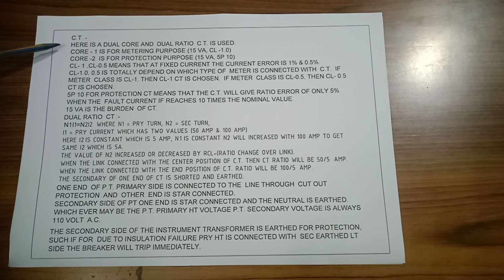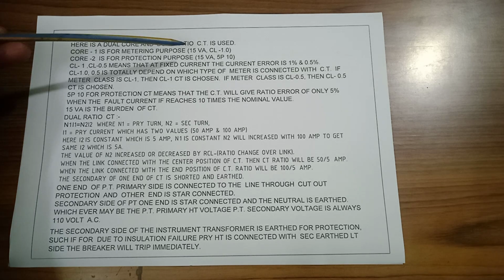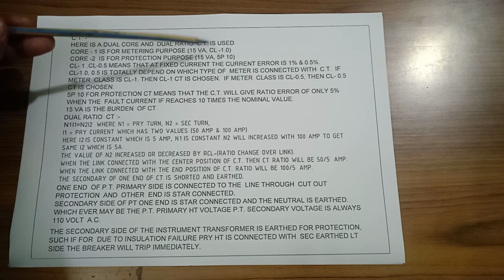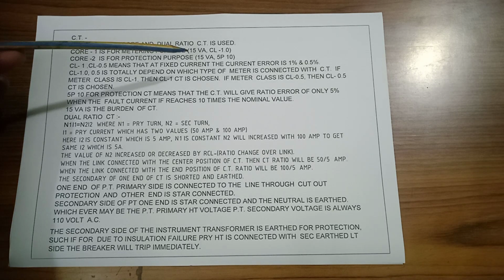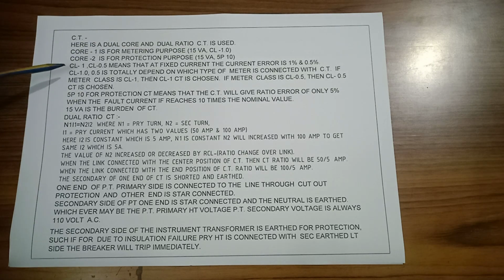CT. Here a dual core and dual ratio CT is used. Core 1 is for metering purpose, 15 VA, CL1. Core 2 is for protection purpose, 15 VA, 5P10. CL1, CL0.5 means that at rated current the current error is 1% and 0.5%.